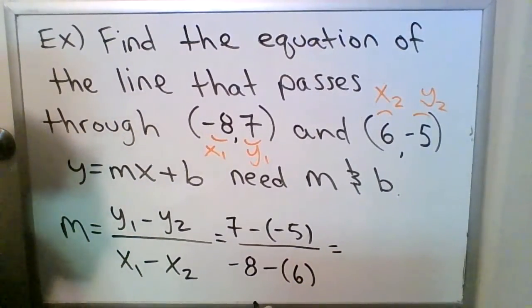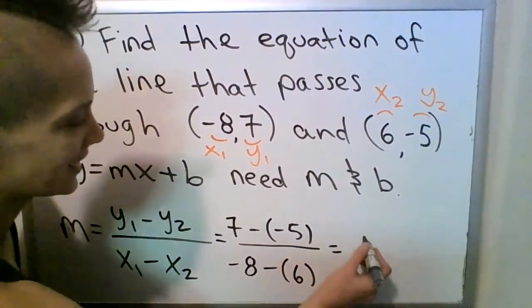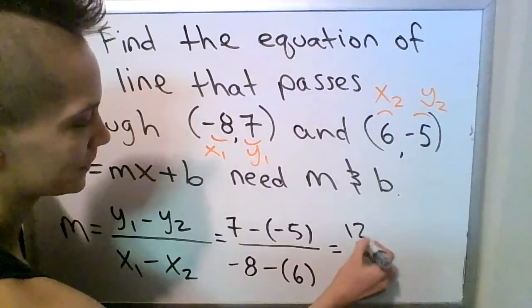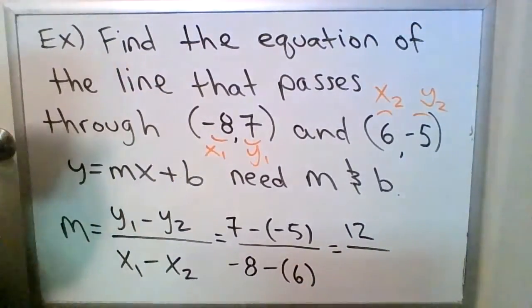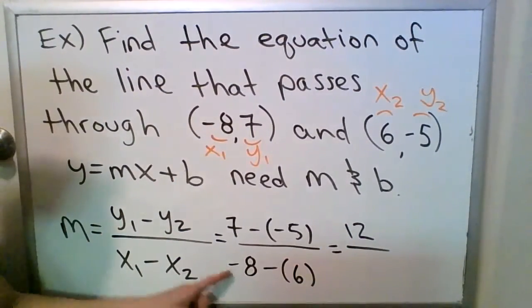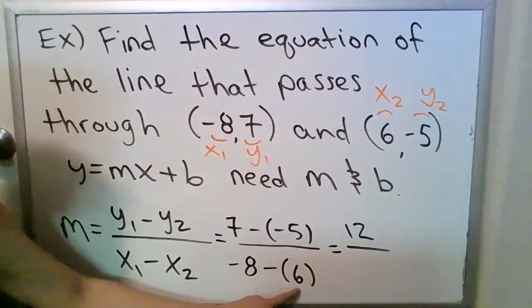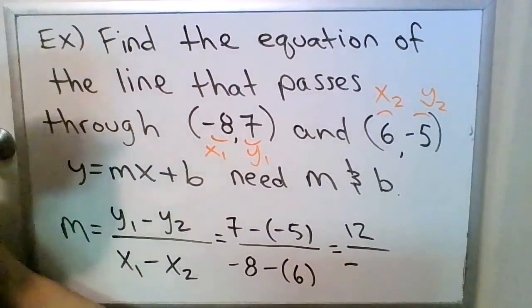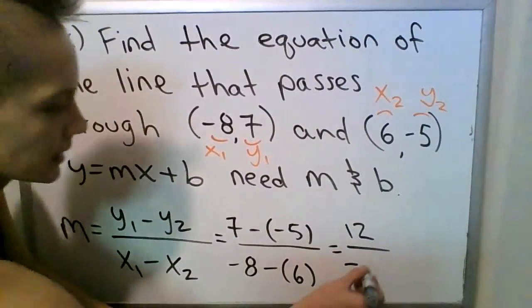And please watch out for mistakes. And then we've got -8 minus 6, which is going to be -14.